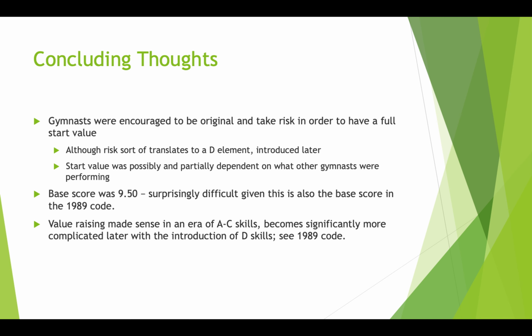I was also surprised that the base score was as low as 9.5. 9.5 is the base score in the 1989 Code of Points. So I'm surprised that there wasn't more change in that 10-year period, at least in terms of the base score.